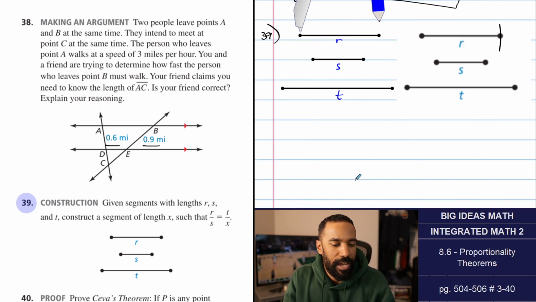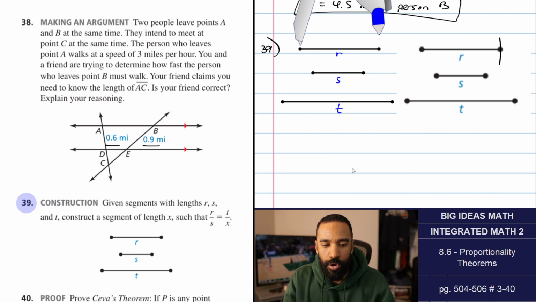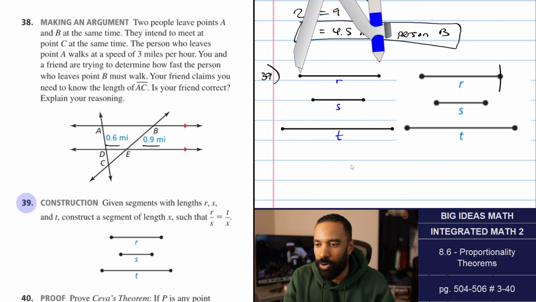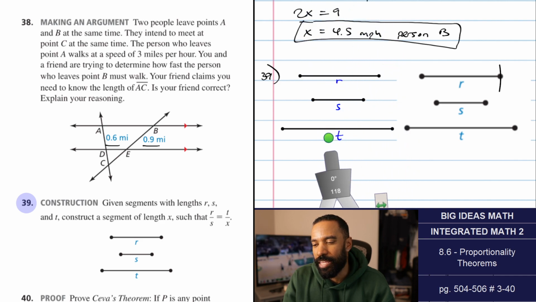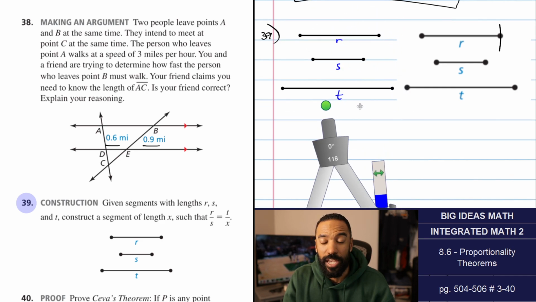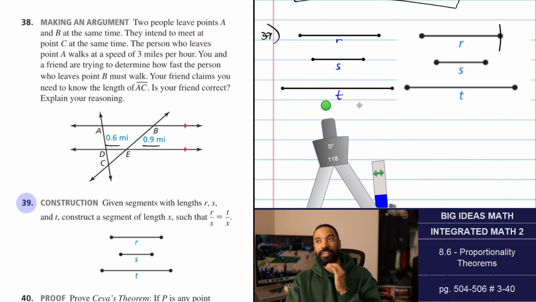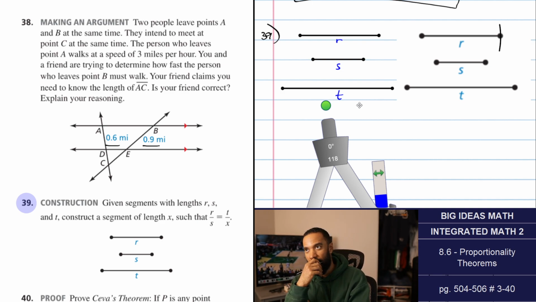Construct a segment of length x such that R over S equals T over x. So if you want R over S to equal T over x, I can think of something in terms of the side splitter theorem. I can think of something in terms of the triangle angle bisector one. We've done angle bisectors.